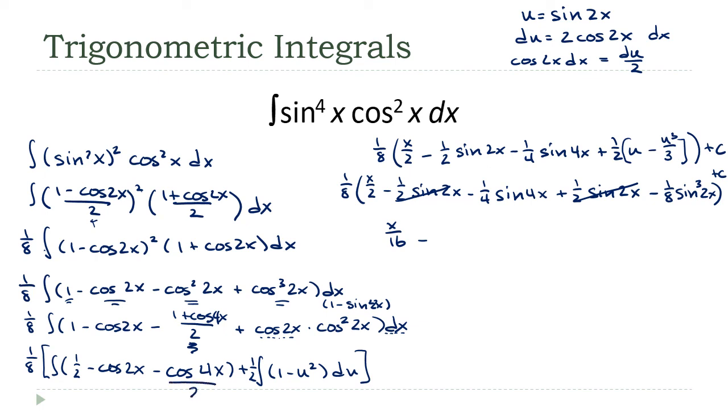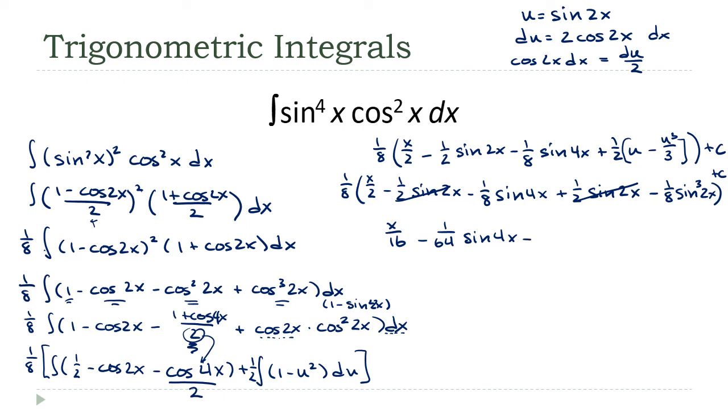This should be cosine 4x over 2. So this should be 1/8 sine 4x, and this is 1/8 sine 4x. So this is minus 1/64 sine 4x.